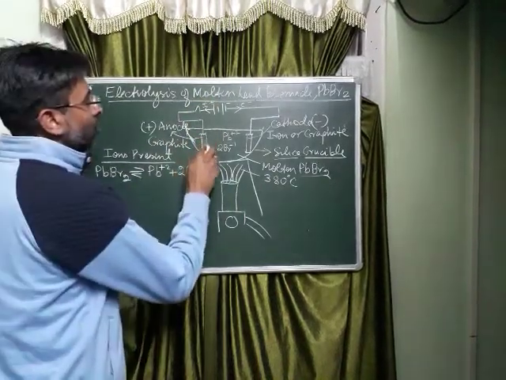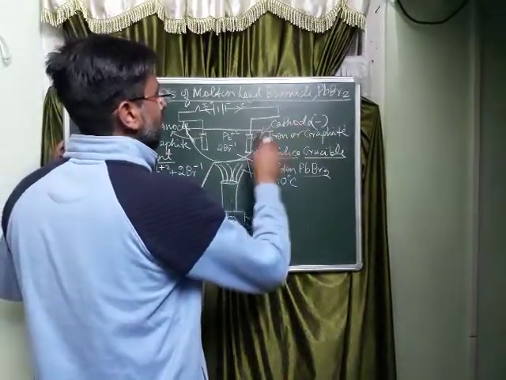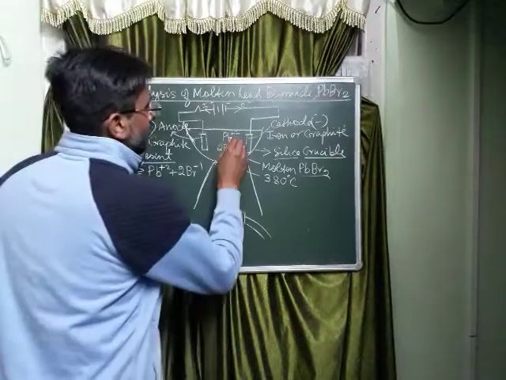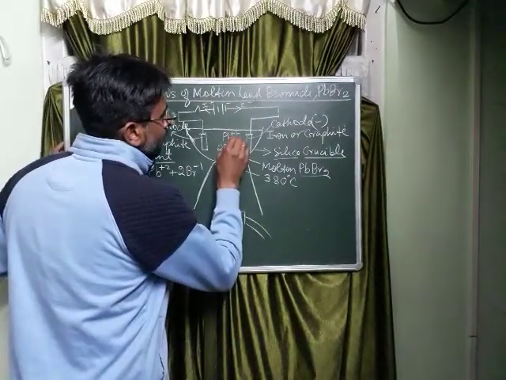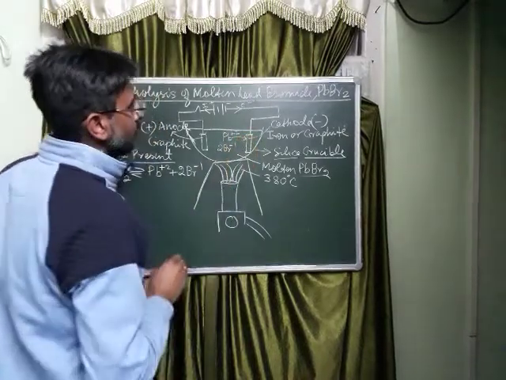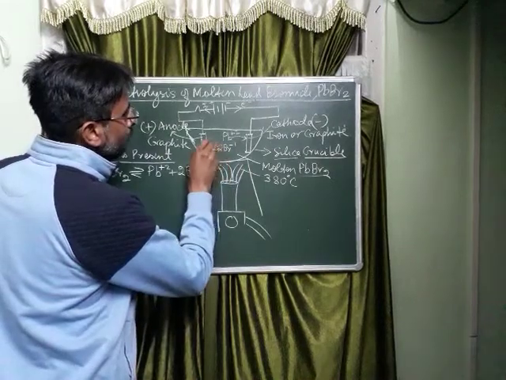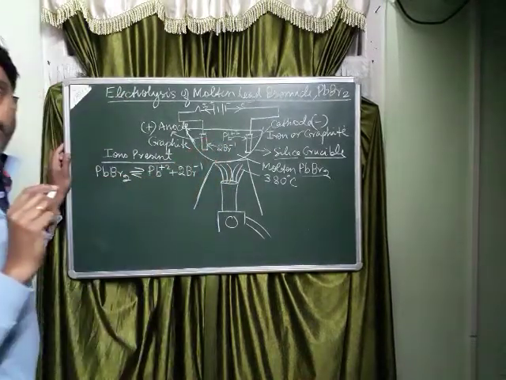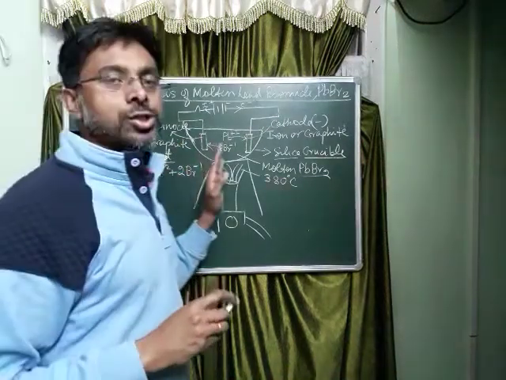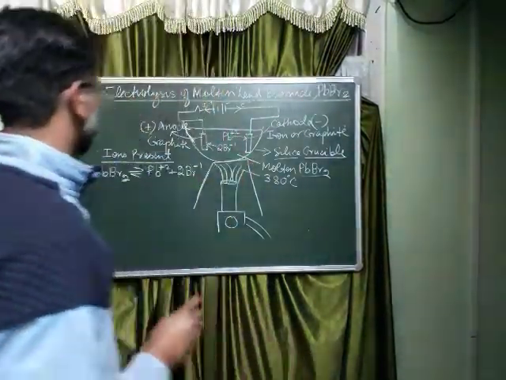The anode acquires a positive charge, the cathode acquires a negative charge, because of which the cation, which is the lead ion, goes to the cathode and the anion, the bromide ion, goes to the anode. This is how the separation of ions takes place.